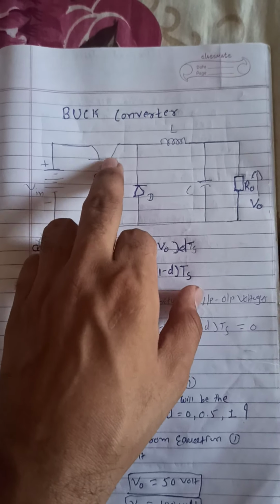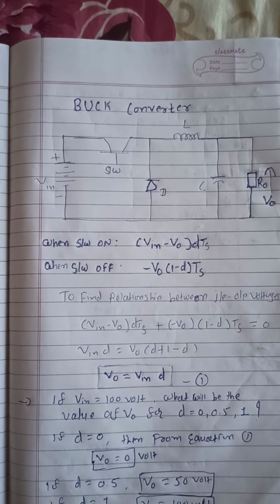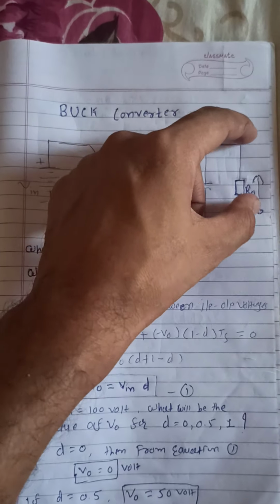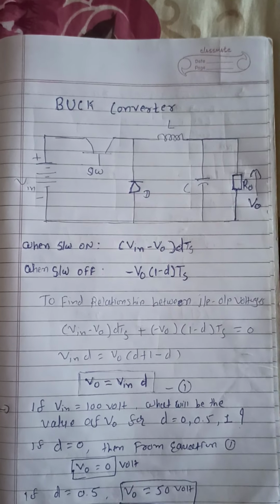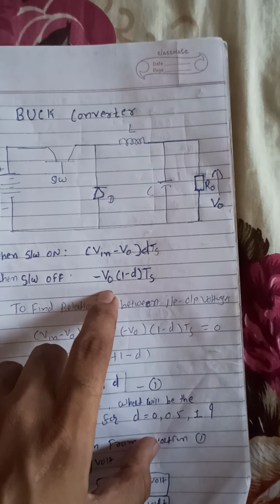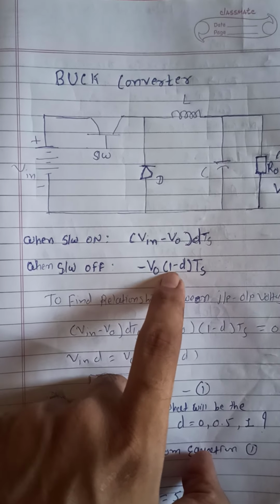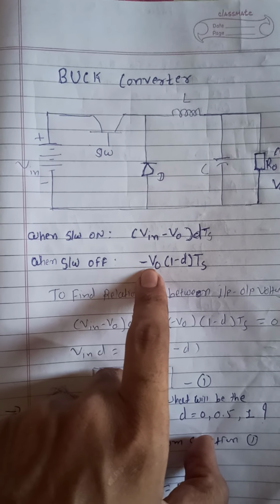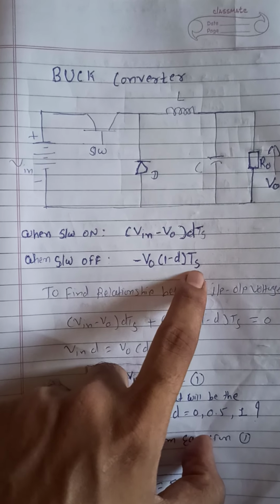At the second terminal, the voltage across the load reflects. So 0 minus V0 into 1 minus D into Ts, because this is the off period. Ultimately, when the switch is off, voltage across the inductor is minus V0 into 1 minus D into Ts.